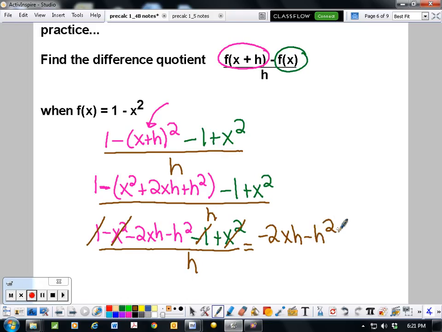And since the whole thing's over h, we're going to go ahead and break that up over h so we can simplify. That means these h's are going to cancel. This h is going to cancel out with that one. So now I have negative 2x minus h. And so the idea is that the more I show it to you, the more I get you to work through this, the easier it gets each time. You start seeing that over and over and over.